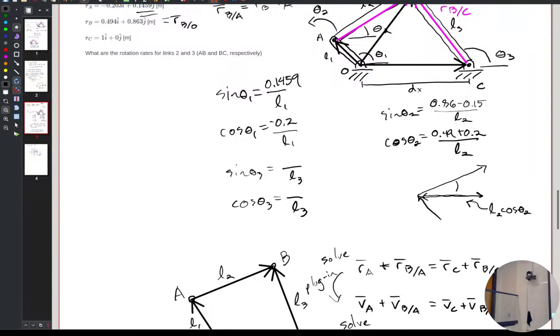So if I want to go from A to B, so B with respect to A, B slash A, I have to move the same distance, that 0.2 along A that they just traveled backwards, plus whatever from O to B to get there. So point B is 1/2 and 0.86.